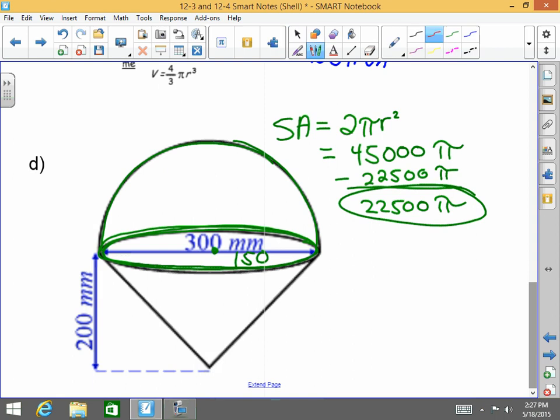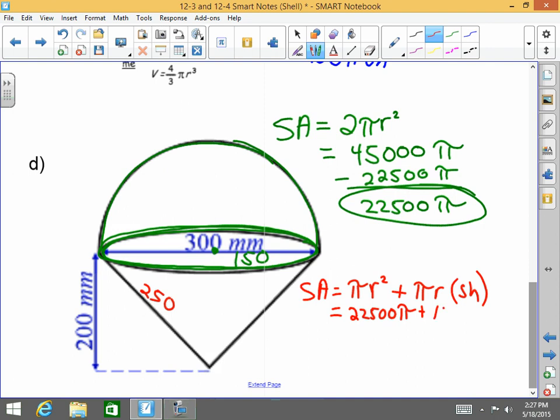Then the surface area of the cone is pi r squared plus pi r times slant height. We had determined that this was 250, right? Before? Okay. So I have pi r squared, which is again 22,500 pi, plus 150 pi times slant height of 250.